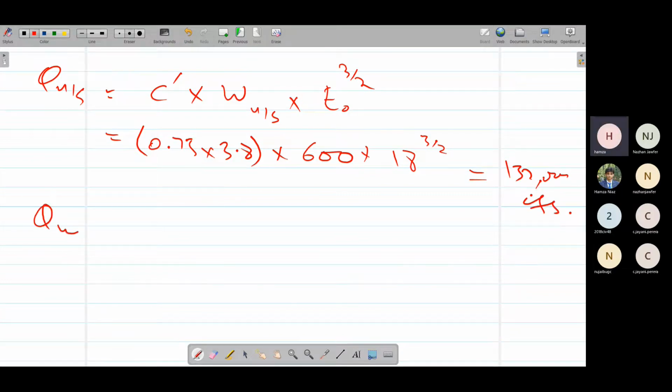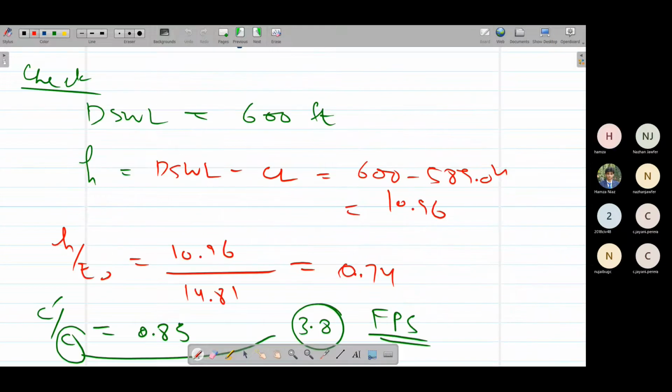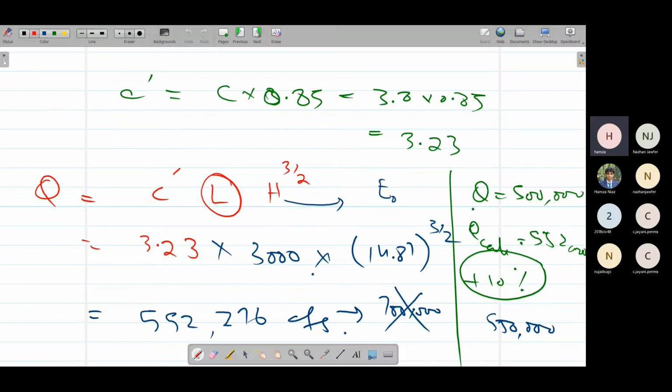Again, the discharge of weir portion would be C dash into width of weir into E naught power 3 by 2. Now for this C dash, we use the previous one that we calculated for the weir portion. For weir portion, we calculated C dash as 3.23.